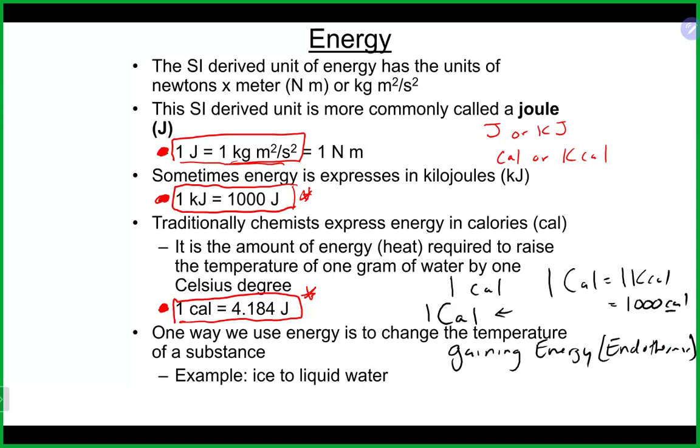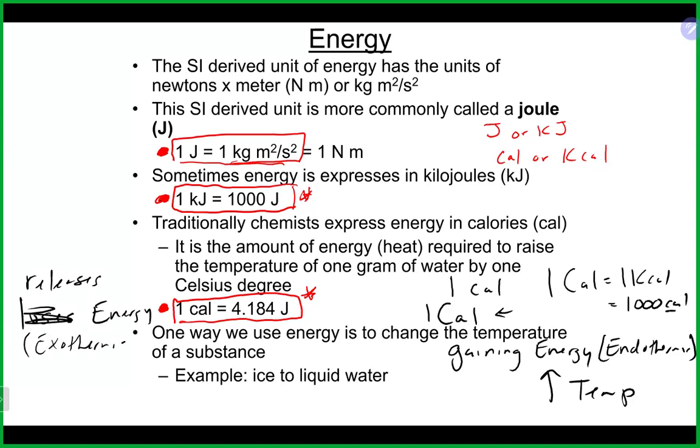If something is absorbing energy in an endothermic process, you should see its temperature rise. That's a reflection of it gaining energy. And obviously, if something releases energy, which is exothermic, its temperature should go down.